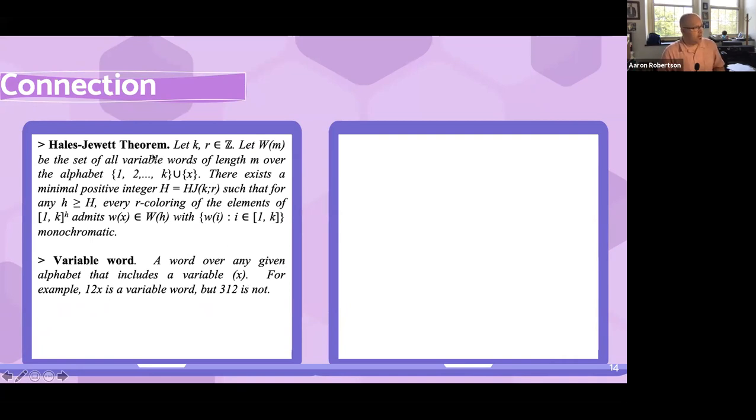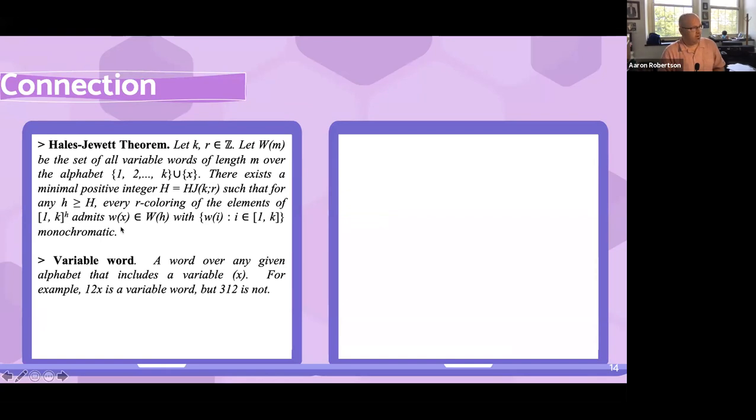If I look at the variable words, then there's some minimal positive integer, capital H, and this is a dimension, such that for every dimension of at least capital H, and I'm coloring these, these elements in here are words of length h.